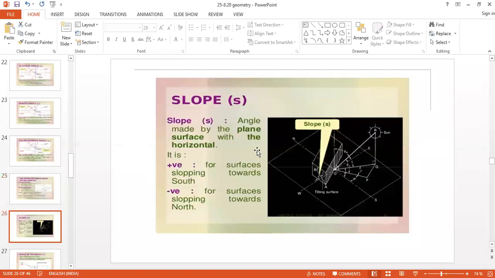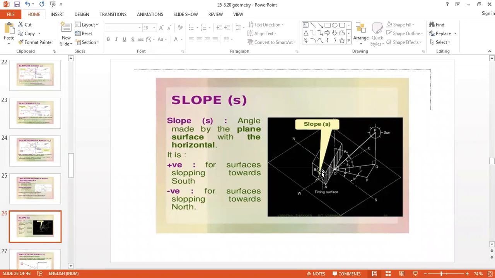And the last one is slope. Slope is defined as the angle made by the plane surface with the horizontal, either positive or negative. There are two slopes, positive and negative.